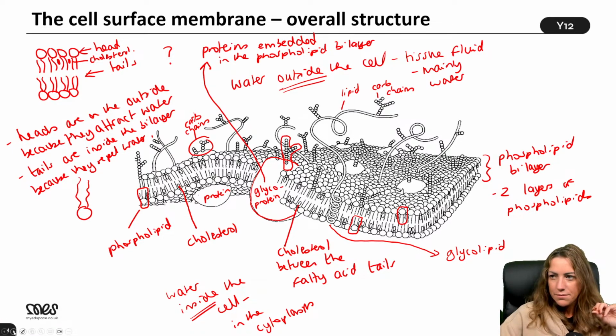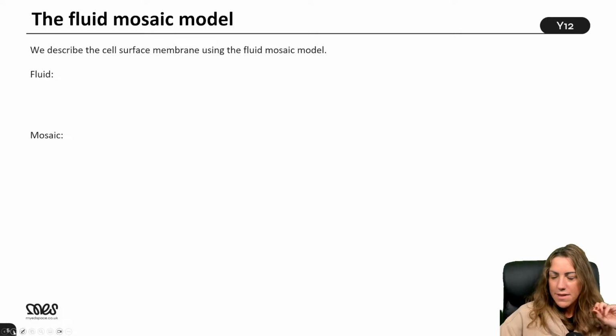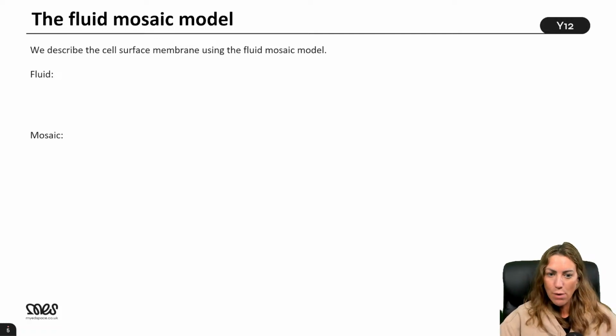Let's see if you can answer this for me without me telling you. At A level, we say that the cell membrane is like a fluid mosaic. We call it the fluid mosaic model. Like how we talk about enzymes and we say the lock and key model.